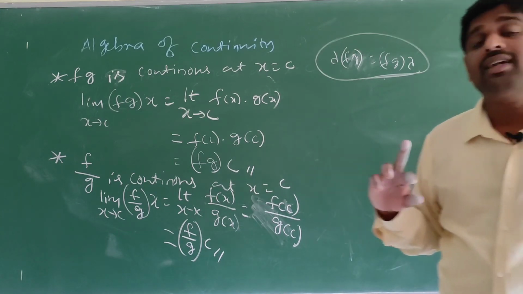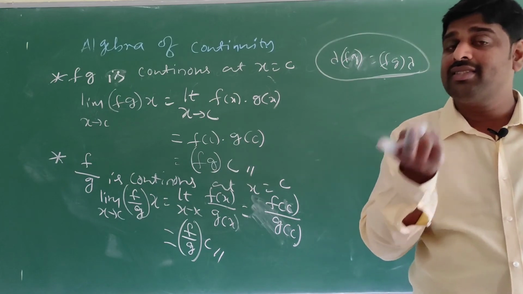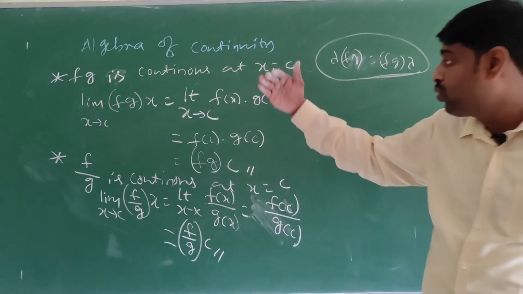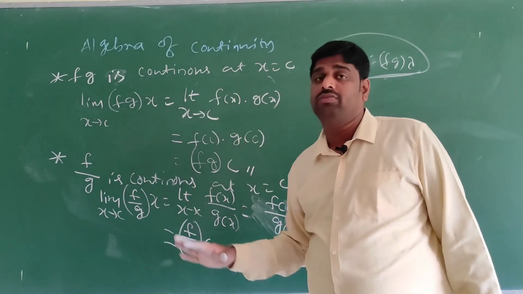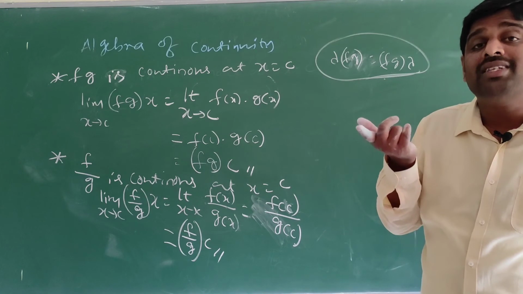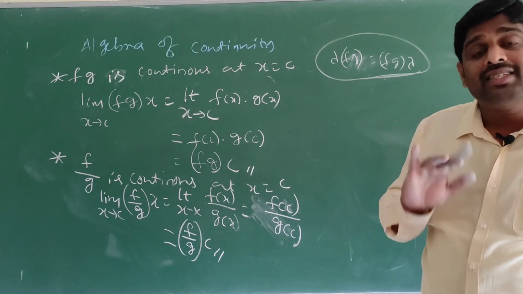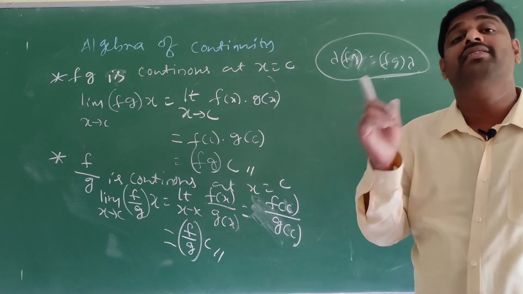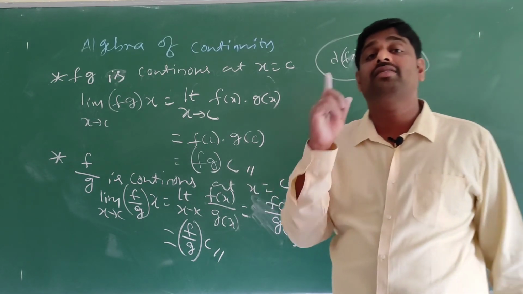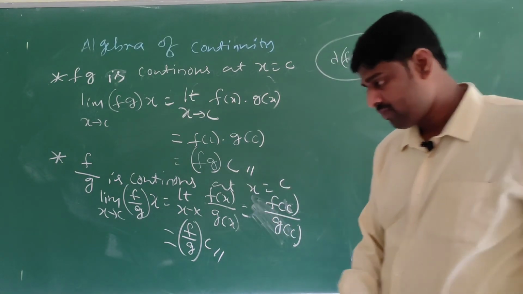Here, continuous and discontinuous are very important. Don't confuse them. Continuous is different, discontinuous is different. Continuous means we will get some value. Discontinuous means we should check LHL equals RHL. When LHL equals RHL, that is continuous. When LHL is not equal to RHL, that is discontinuous. Clear? Now I will move on.